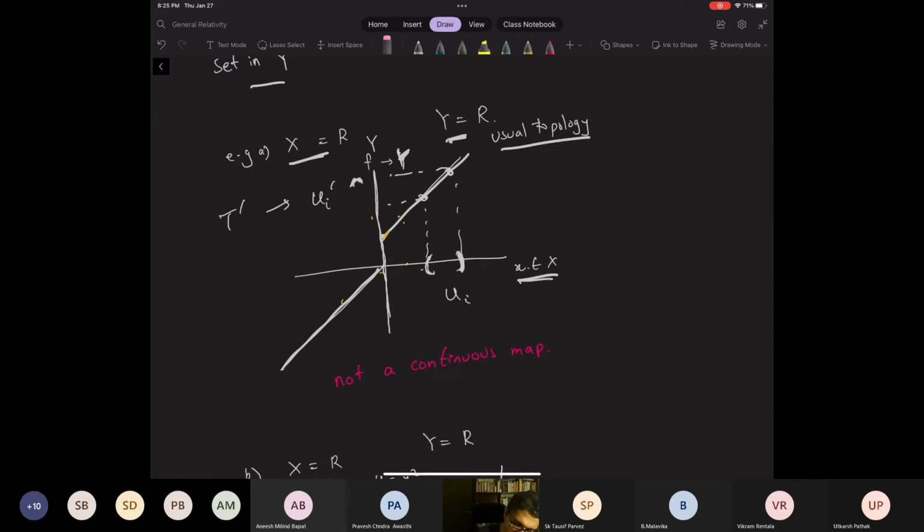Yeah, so let's suppose we take this point and this point. So this defines ui prime. We want to find the inverse image of this. The problem is if I take an open interval here, this point doesn't get included.